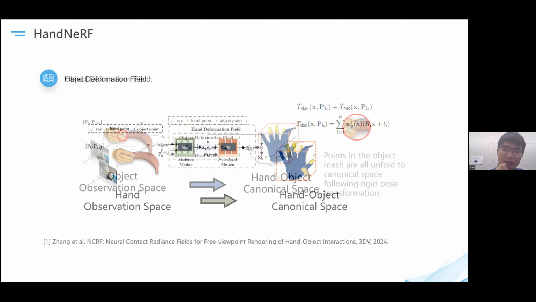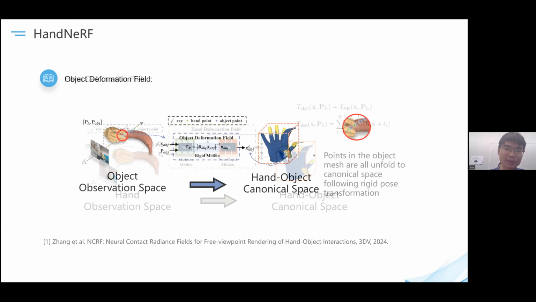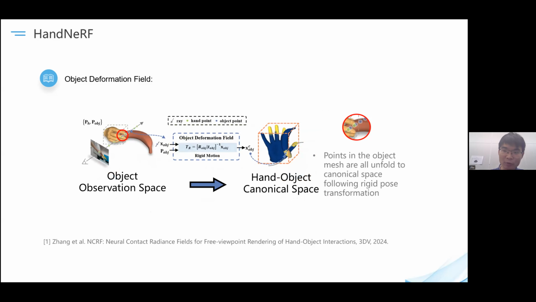And also we have the object. We model the object using another NeRF called object NeRF. The object is much simpler than the hand, because we treat it as a rigid object, so we only consider rigid motion here.